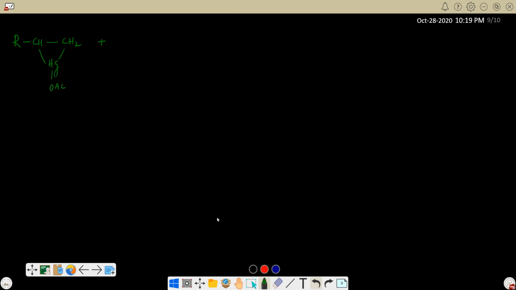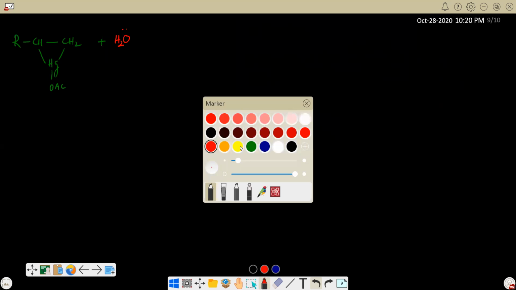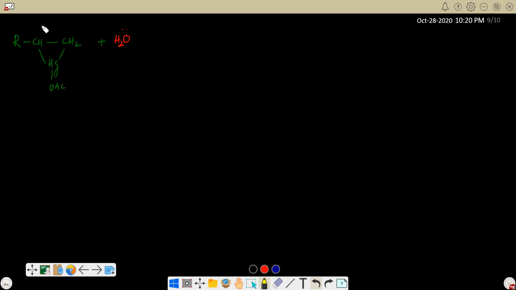And this step is crucial. Suppose I introduce here water, H2O. H2O chooses the carbon having more positive character, where it is available among these two positions. The first position, the second position. So more positive character, more electrophilic nature, is here, because the resulting carbon plus charge is stabilized by the inductive effect of the R group. So this is the more electrophilic center.